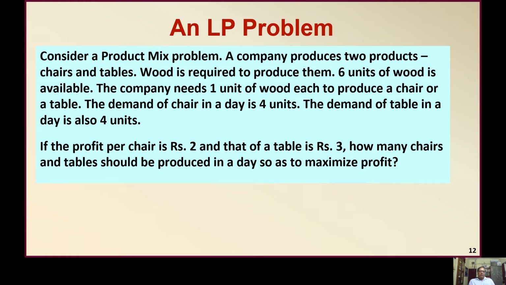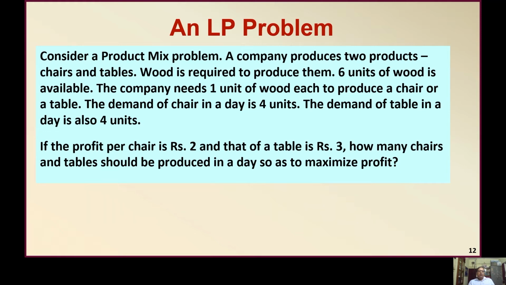First of all, we have to define two variables. What should be our variables? Very clear: one is x1, the number of chairs to be produced. The other one is x2, the number of tables to be produced. Those are the two unknowns. What is the objective function? Maximize z equal to 2x1 plus 3x2. Why? Because rupees 2 is the profit per chair, rupees 3 is the profit per table.